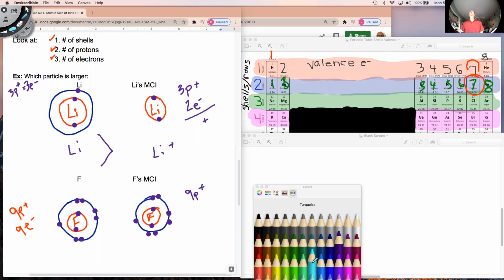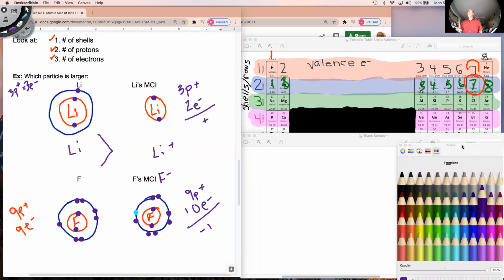Well, fluorine is going to pick up 1 more electron. And in doing so, fluorine is going to have 10 electrons. So if fluorine has 10 electrons now, what would be the ion's charge? It would be a -1. So fluorine would be an F-. And now the question comes down to which one is bigger and which one is smaller.